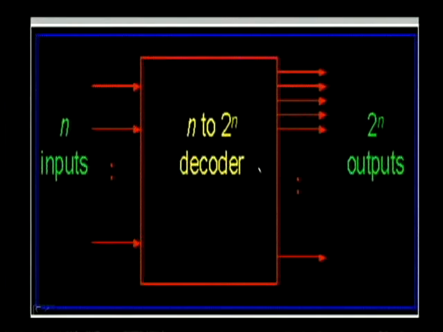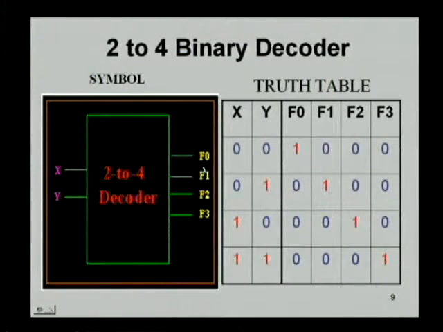If n value is 1, then it becomes 1 to 2 decoder. If n is 2, it is called 2 to 4 decoder. If n is 3, it is called 3 to 8 decoder and so on. Now, the simplest binary decoder is the 2 to 4 binary decoder.